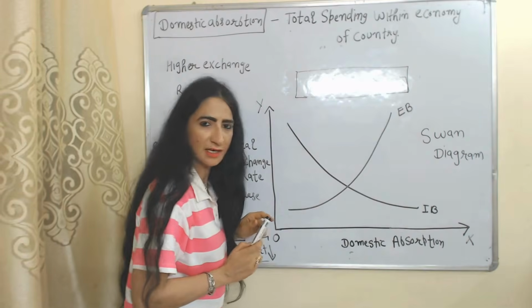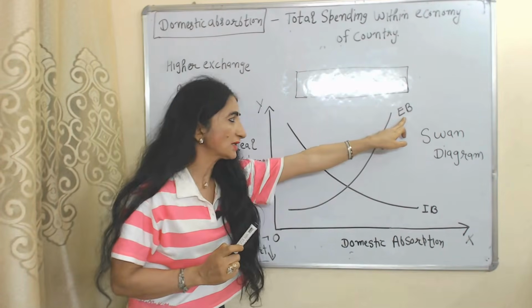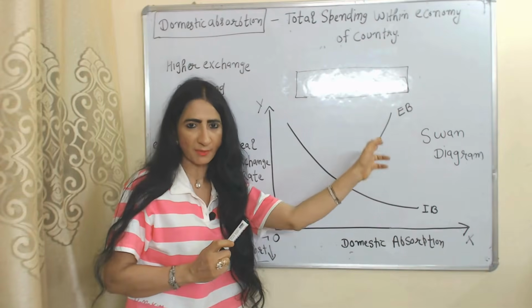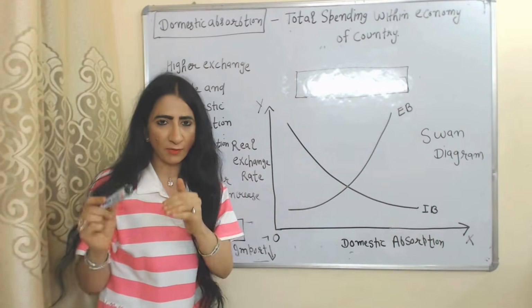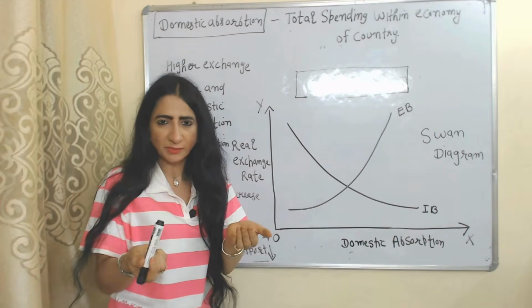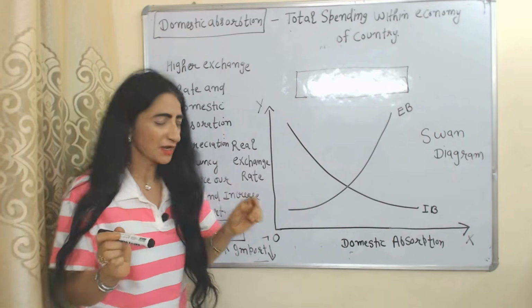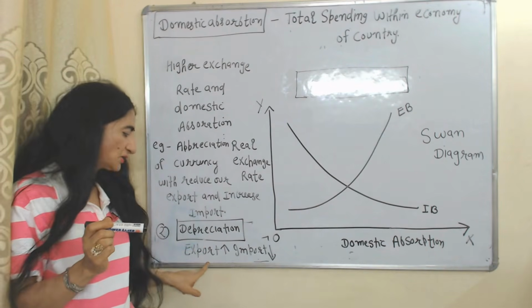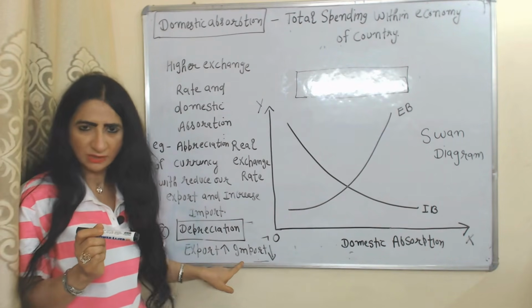IB means internal balance. This one is external balance curve. Slope of external balance curve is upward because fall in exchange rate and domestic absorption have a positive relation. Fall in exchange rate means depreciation, and depreciation lead to increase in export and reduce in import.